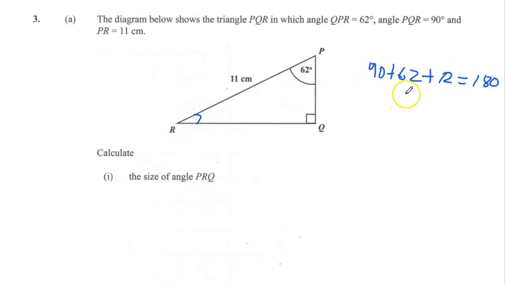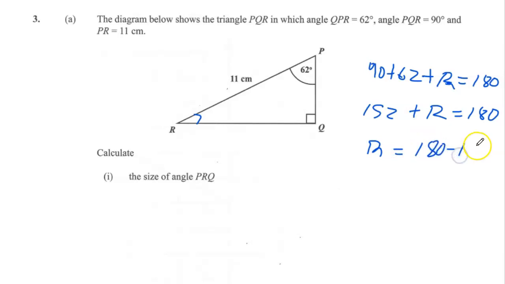Good? So this is angle R, right? So this is 152 plus angle R should be equal to 180. So if we subtract 152 from both sides, R is 180 minus 152, which is 28. So the size of angle R is 28 degrees.